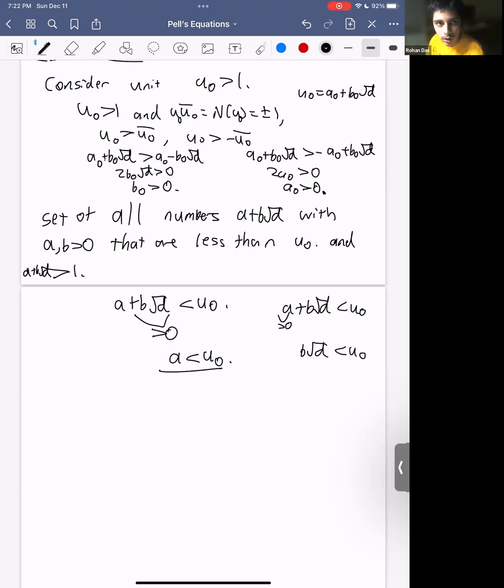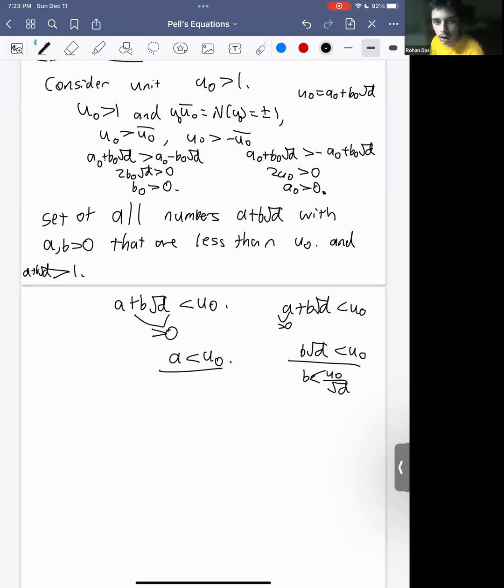So this is a bound on a, and this gives b is less than u0 over root d, which is a bound on b. And then we have restricted it to finitely many possibilities of each a and b. So there are only finitely many numbers with positive a and b that are less than u0.